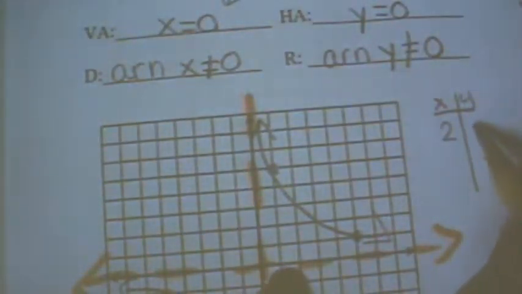How about 2? If you had a table and I put a 2 in for x, what is 5 divided by 2? 2.5. So here's another point. If you went over 2, you would go up 2.5.